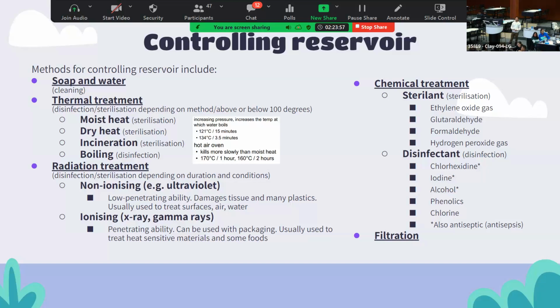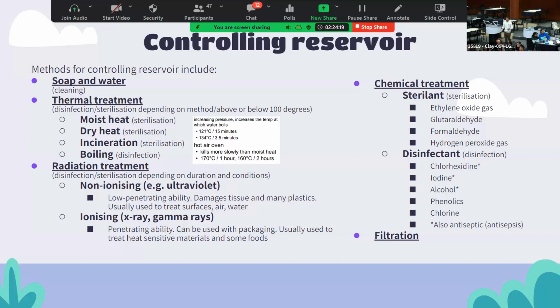And you can see on the right those are the instructions, how long you do it for, what temperature. The only one there is boiling, which is a form of disinfection. A rule of thumb is disinfection is below 100 degrees, sterilization is above 100 degrees. Obviously it has to be for the correct amount of time, but that's the general rule of thumb.